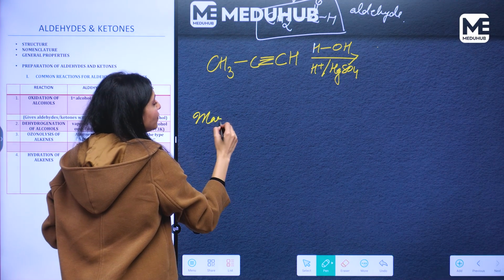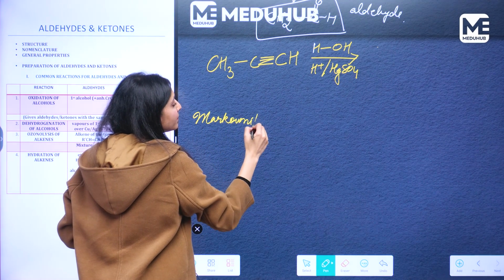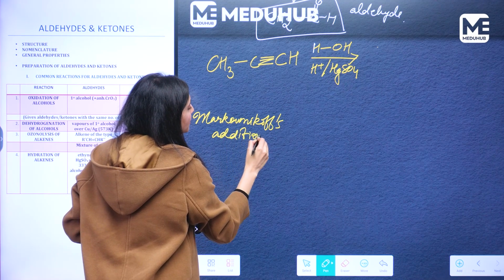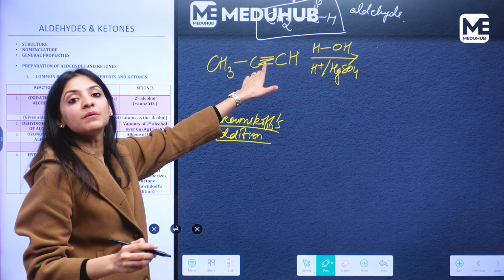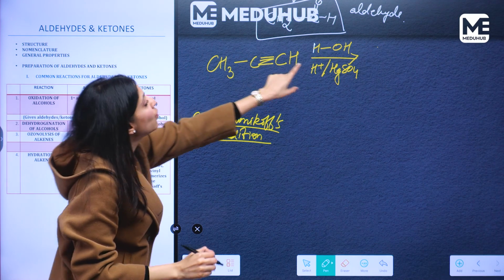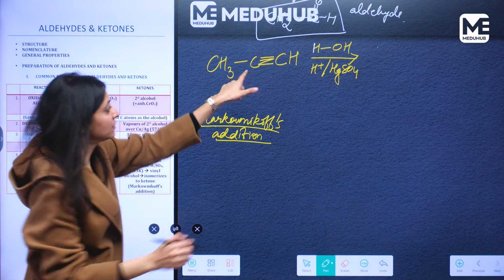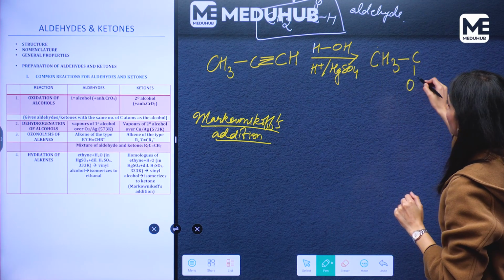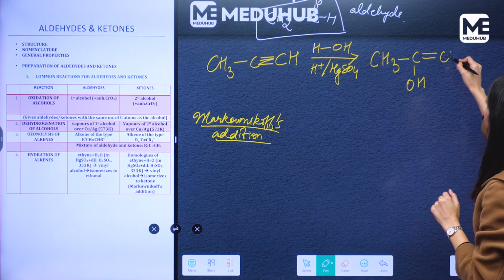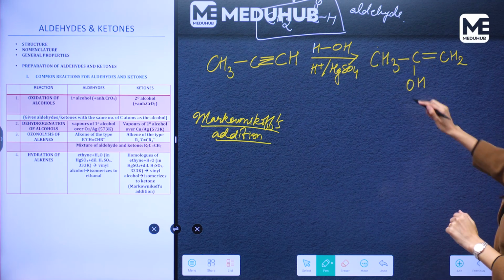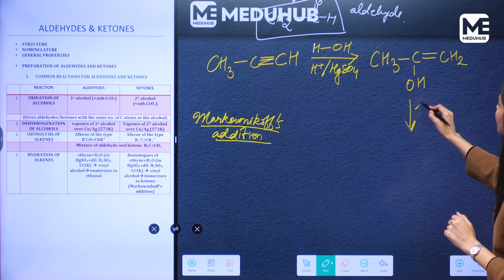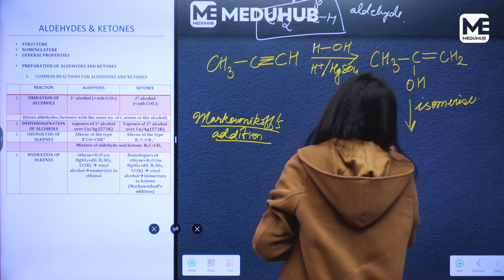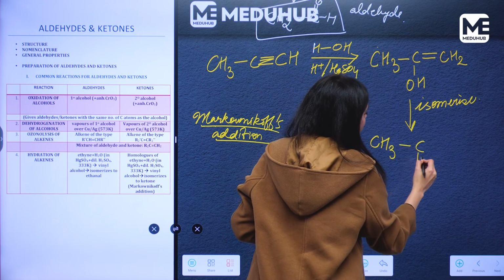According to Markovnikov's rule, the negative part of the addendum will go to the carbon having less number of hydrogens. So OH will get attached to this carbon. CH3COH=CH2. This vinylic alcohol will then isomerize to give us a ketone, which is acetone in this case.